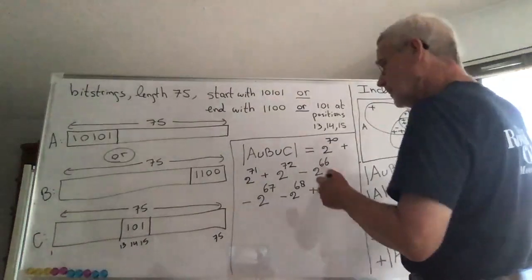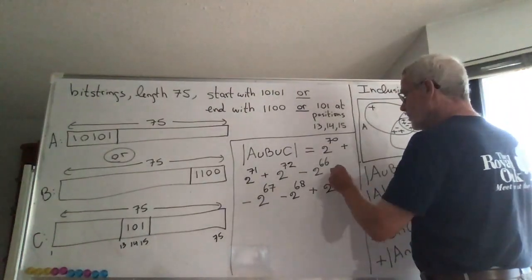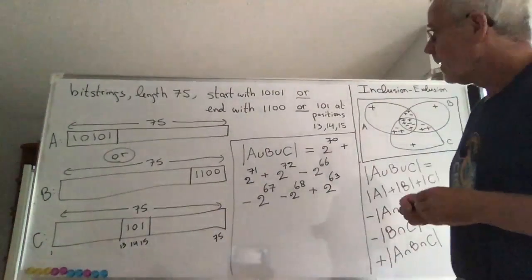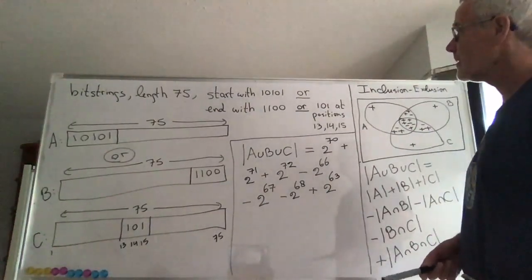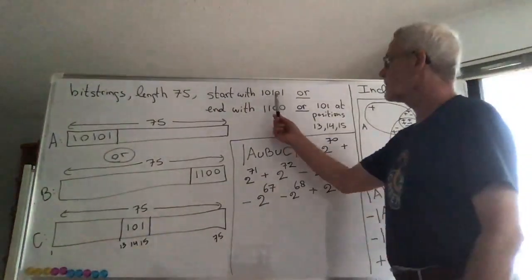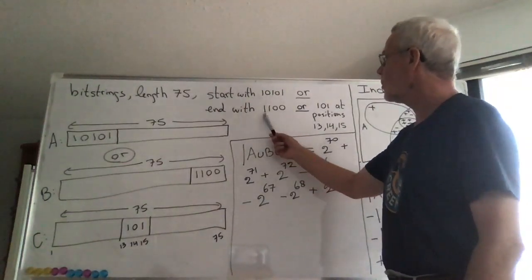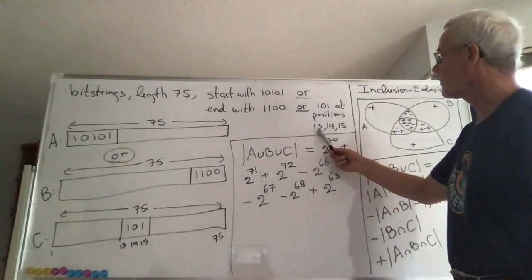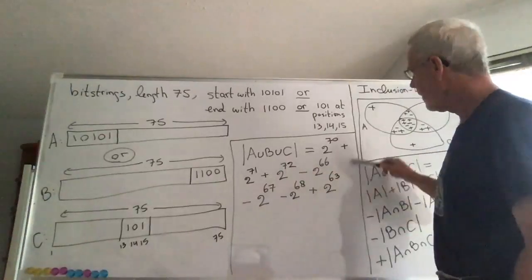So the number of bits we have to choose is 75 minus 12, which is 63. So the total number of bit strings of length 75 that start with 10101 or end with 110 or have 101 at positions 13, 14, 15 is equal to this number here.